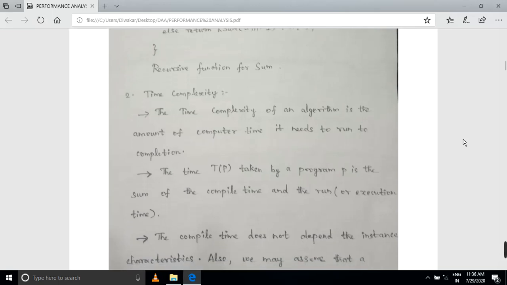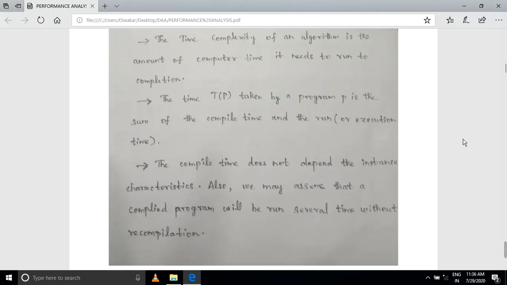For a real-time example, in an online examination, a time is allocated, and based on that timing you finish the examination. Otherwise, if you exceed the timing, the examination will be closed automatically. This is the process of time complexity.